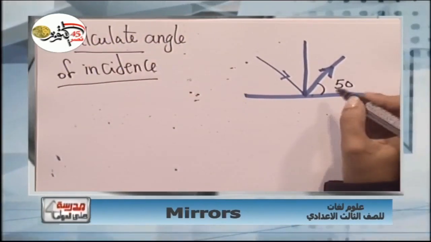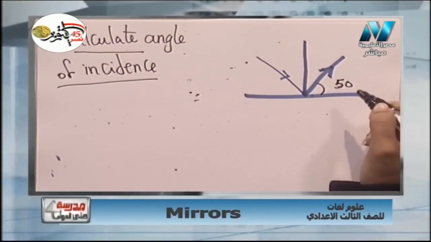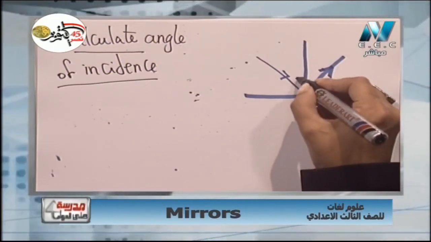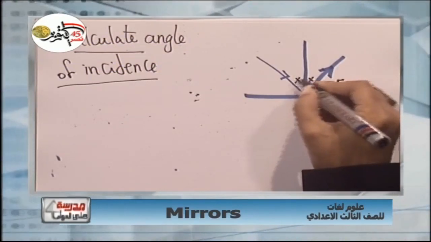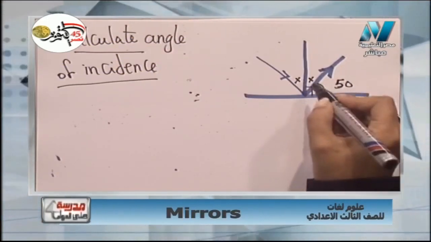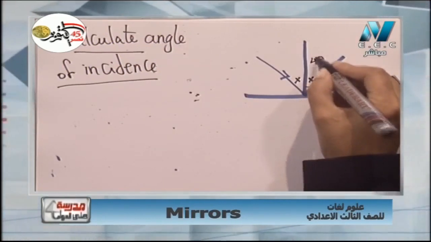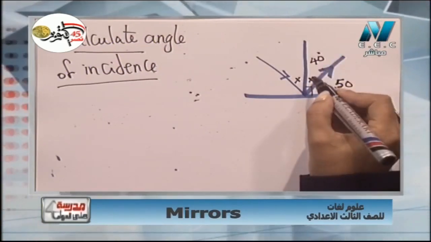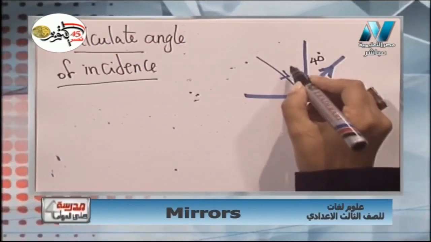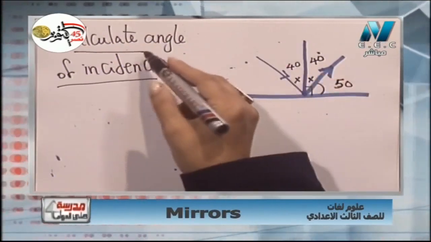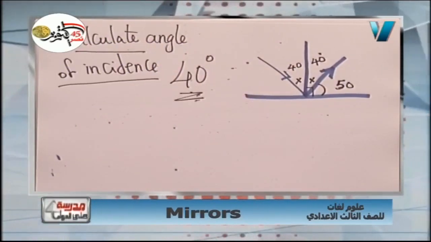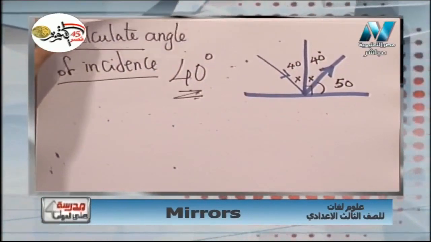Let's see the figure. This angle equals 50, and we have a law that states that the angle of incidence equals the angle of reflection. These two angles are equal. And this is a right angle. So 90 minus 50 equals 40 degrees. And this is the reflected angle. He needs the incident angle. This one equals this one. This is also 40. So they calculate the angle of incidence equals 40 degrees. This is the problem we have.